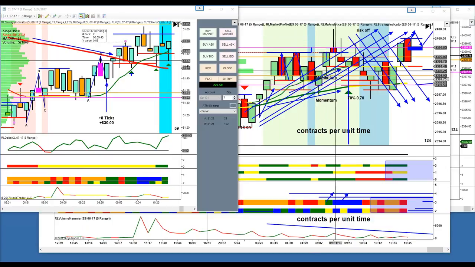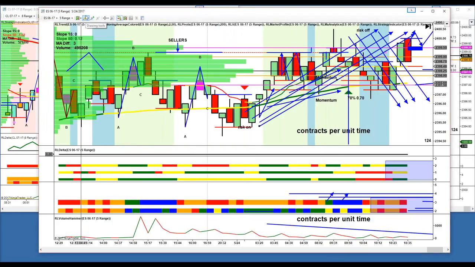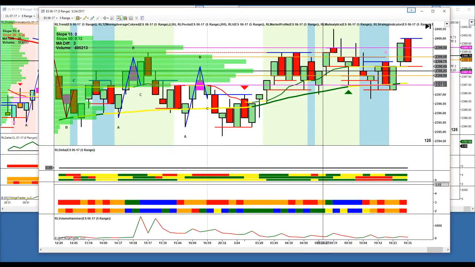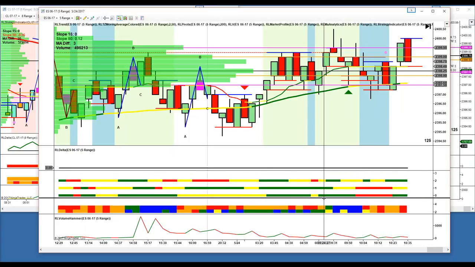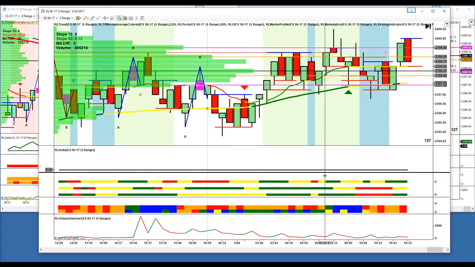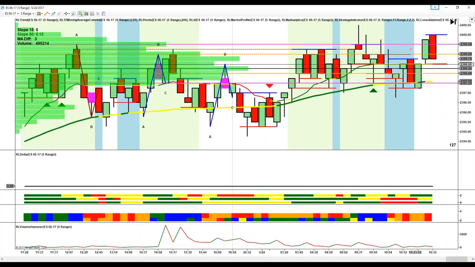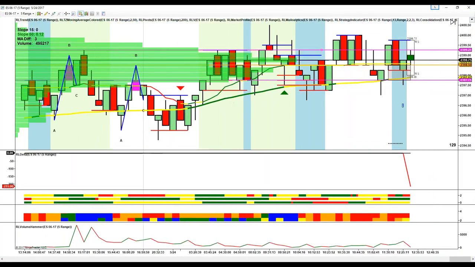What I'm going to do on this chart is remove all of the drawings, so now it's a clean chart and we can actually see it. If you have a question about any entry, just give me a time so that I can assess it easier, because it's hard for me to say whether I should take a long when I don't know exactly what time it is. David's taken some great trades.